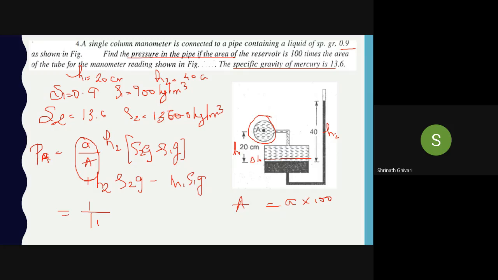Okay, a by A is 1 by 100 into H2. You substitute all the values and tell me the answer fast for the pressure. It's an easy problem. If you are not getting anything, you can ask me.